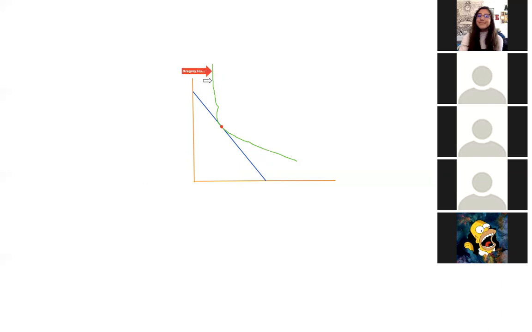You see how I'm pointing to the indifference curve as the slope changes, Miriam? Yeah. Okay. But remember, I guess the real issue is, how do we properly describe the slope of the indifference curve? Notice that along an indifference curve, what we know is true is that the utility is constant.